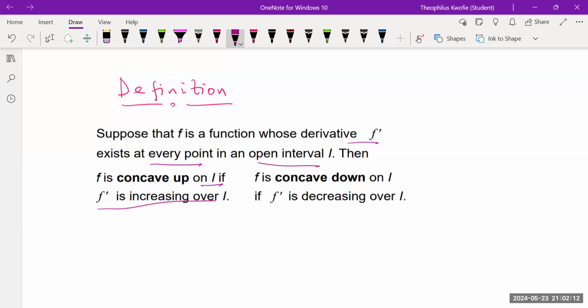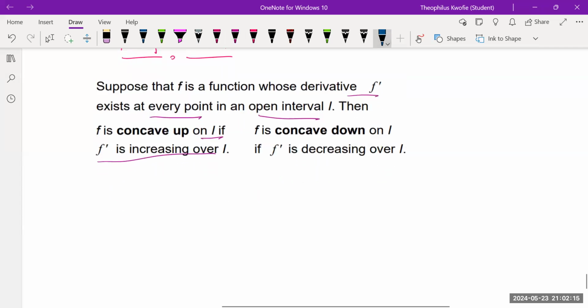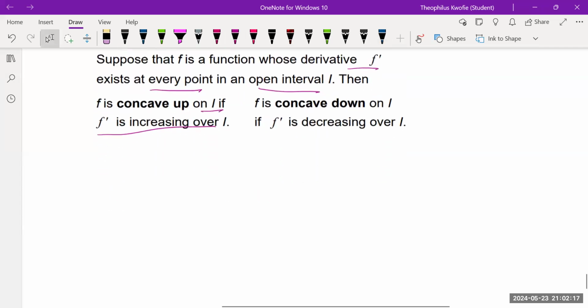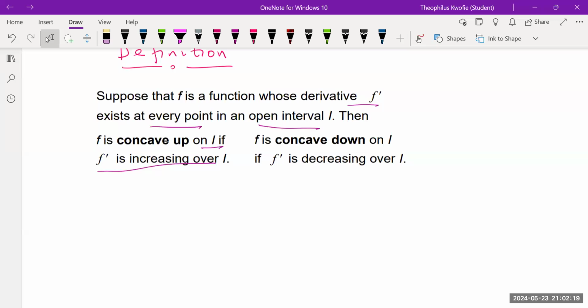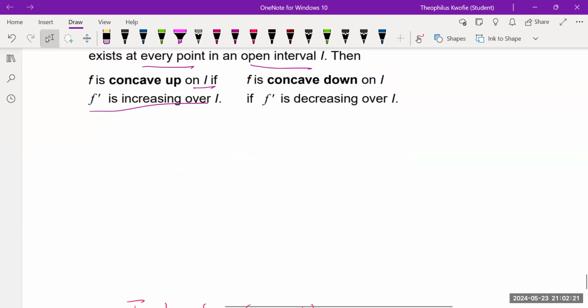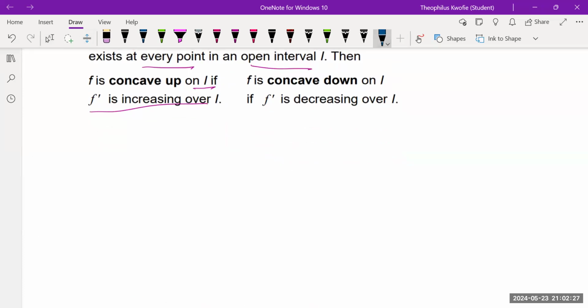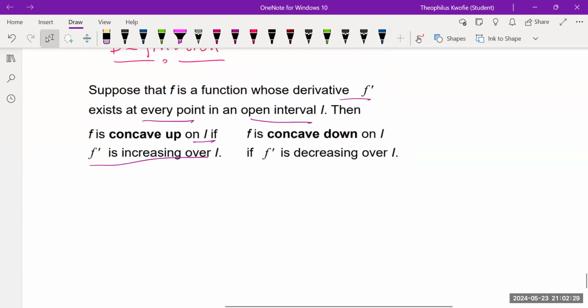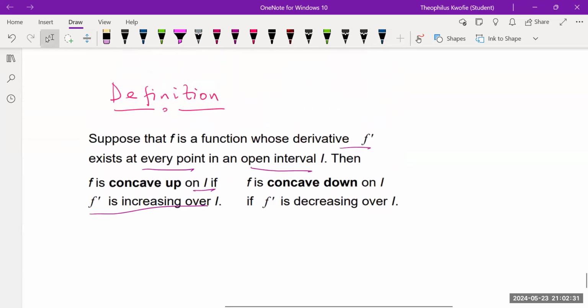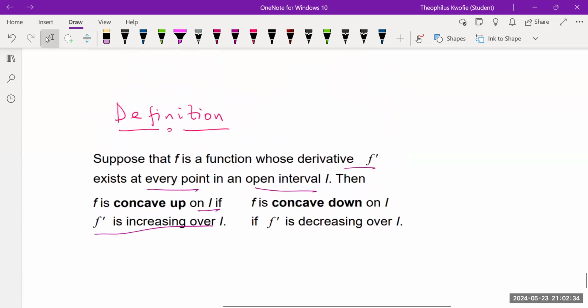Let me give you some graphs so that you understand what I'm trying to talk about. Suppose that we are in this xy plane. Let me call this one the A part and this one the B part.